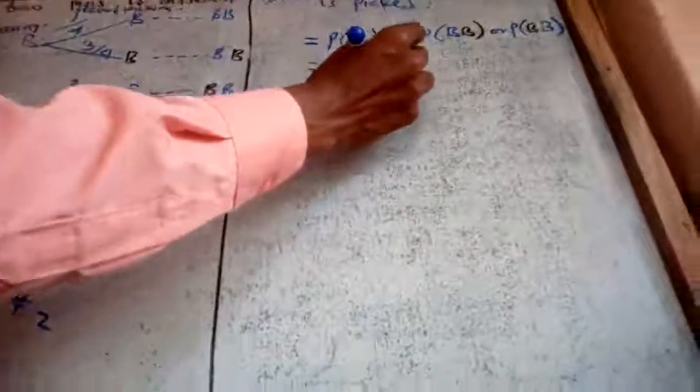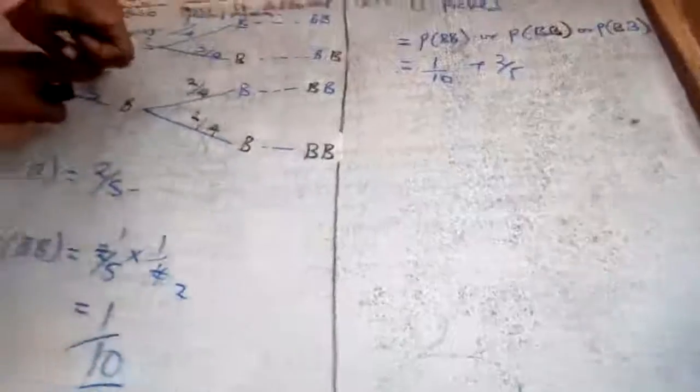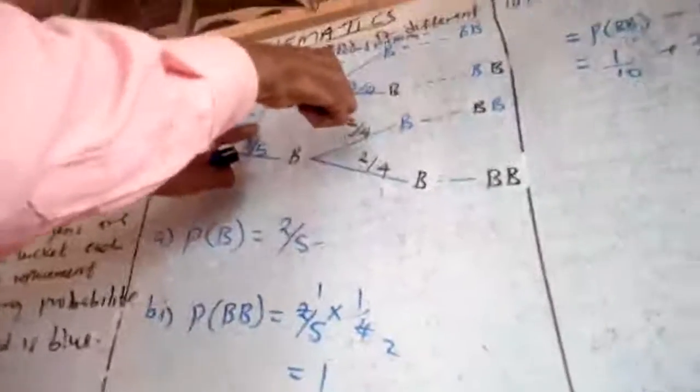Therefore, I will write the first one is 1 over 10, plus the second one should be 2 over 5, you reflect here, 2 over 5, multiplied by 3 over 4.